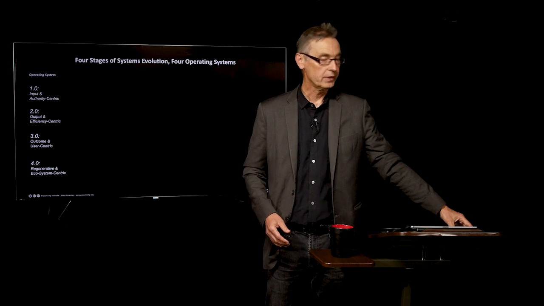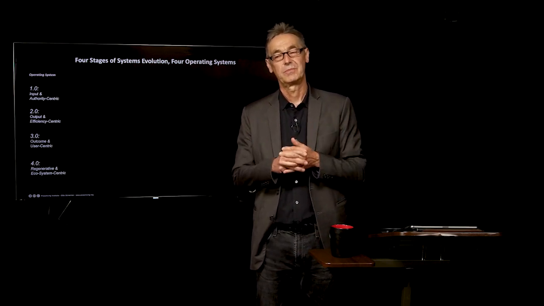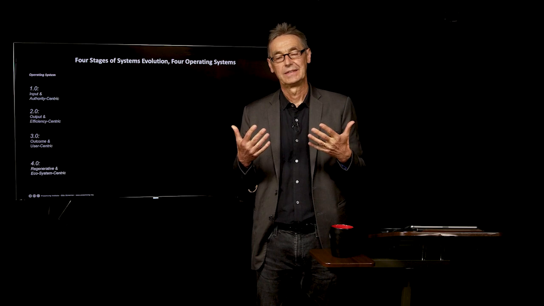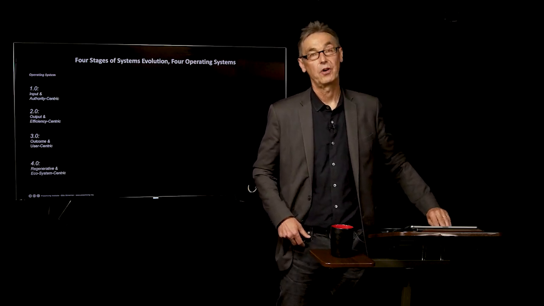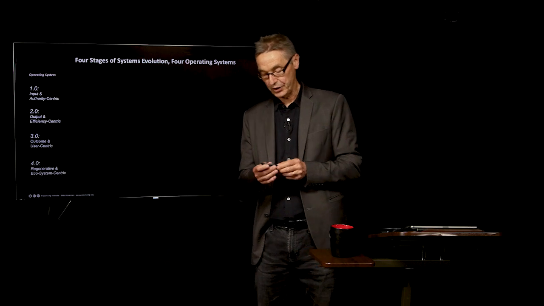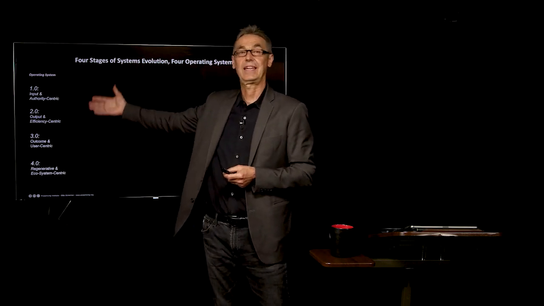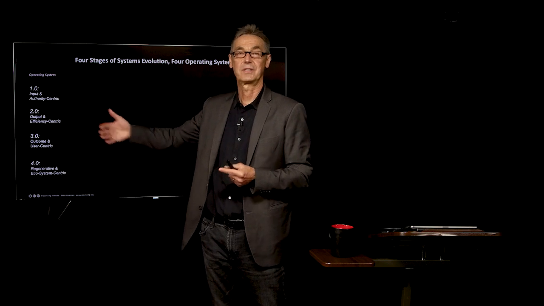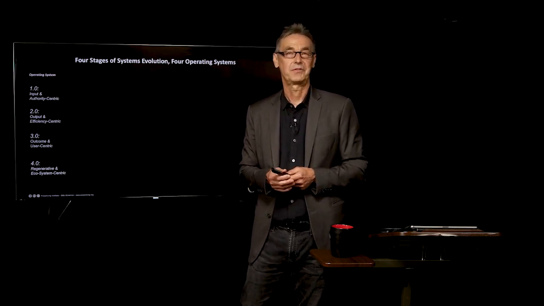So when you look from that lens at the evolution of systems, you can differentiate different types of operating systems. I don't know about you, but when I look at that, I tend to see the same kind of operating systems evolving in many very different systems.